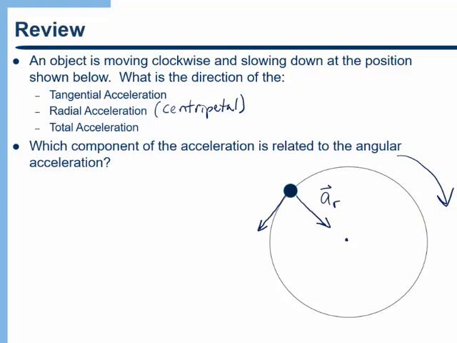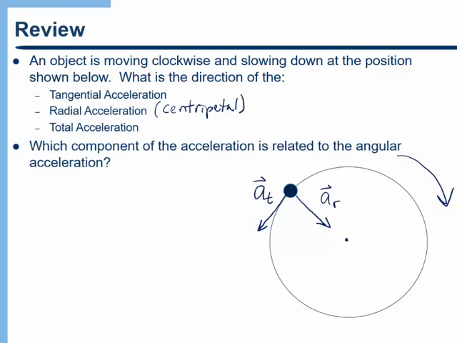That's opposite the direction the object is going. Notice that that acceleration is tangent to the circle, and so we call that the tangential acceleration. Again, we only get a tangential acceleration if the object is either speeding up or slowing down in addition to going in a circle. If it's going with a constant speed, then we just have the radial or centripetal acceleration.